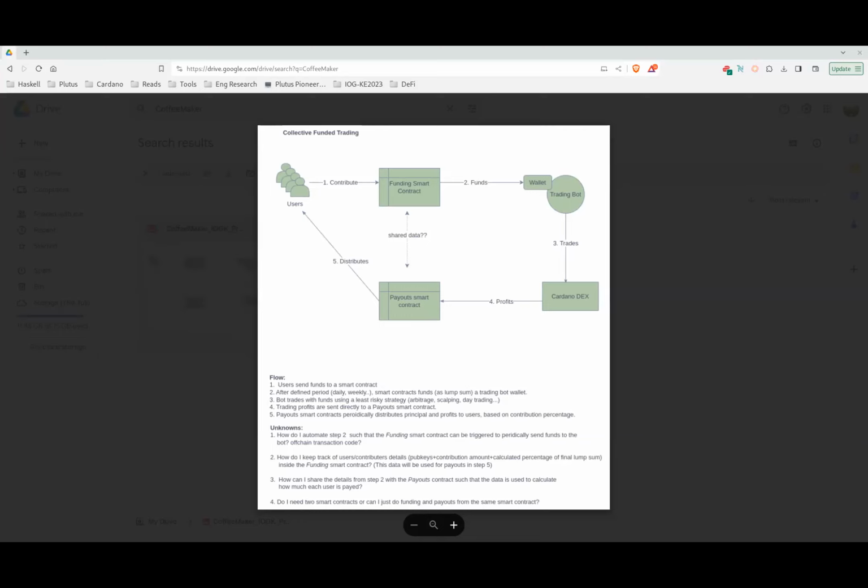Exactly. That way the percentages are already set on chain, and you have some place to look to see which trading bot has which money, for example. Right, I think I understand.